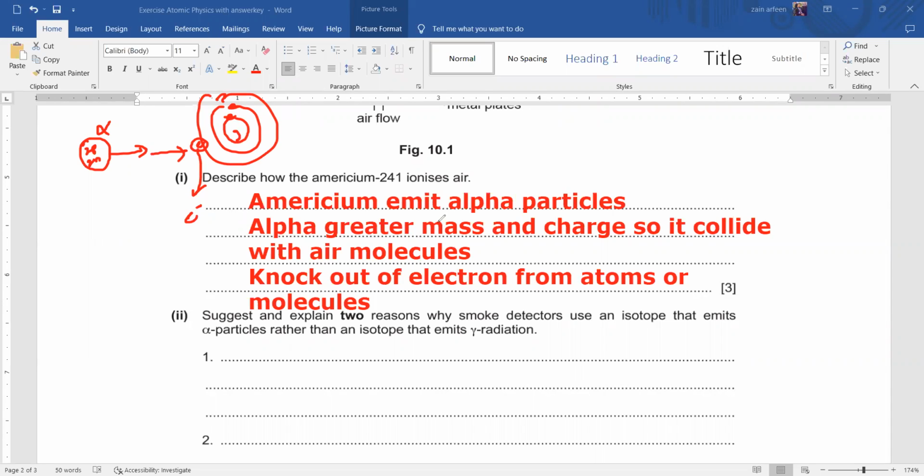As a result, it produces a positive ion and an electron, and it ionizes the air. The term ionization means removal of electrons, so when alpha particles collide with the atoms or molecules of air, they remove the electron from them.